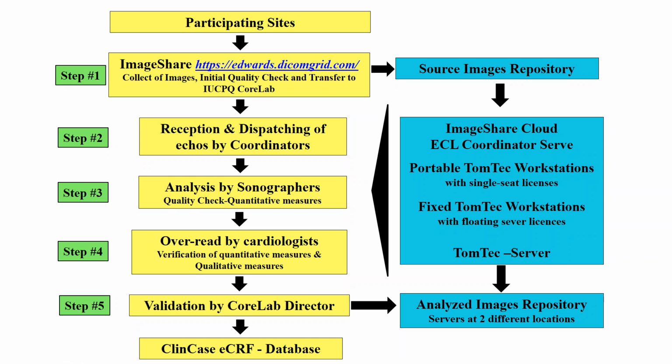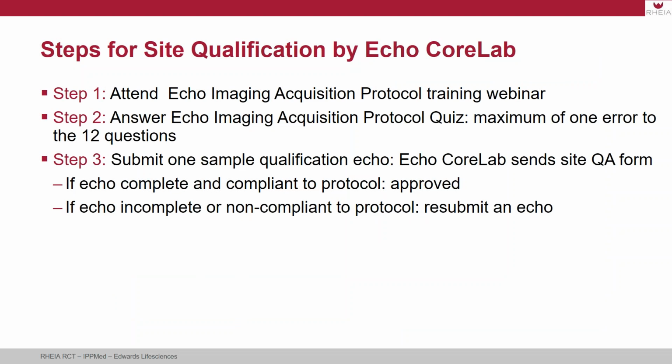And then finally, I am overseeing all the echoes and do the final validation, and all the data are entered in a ECLF web-based database, which is a clean case. If you're interested, we use the TomTec software and platforms to do all the analysis at the core lab.